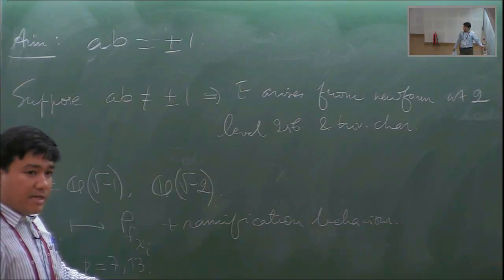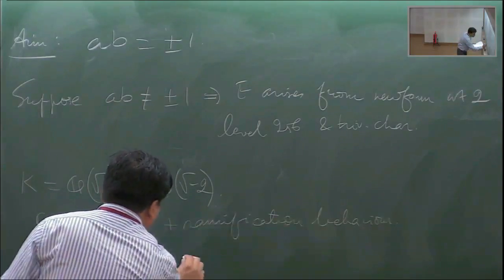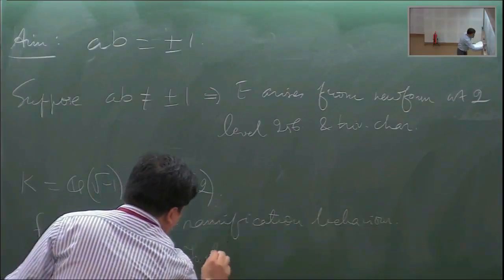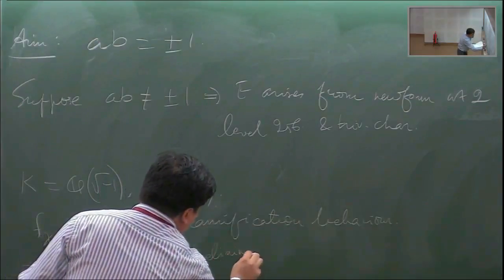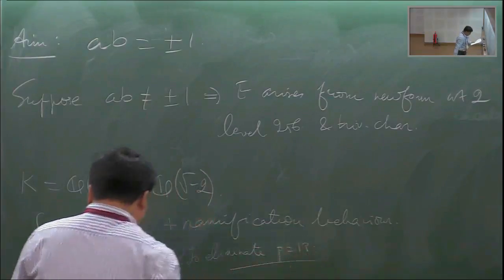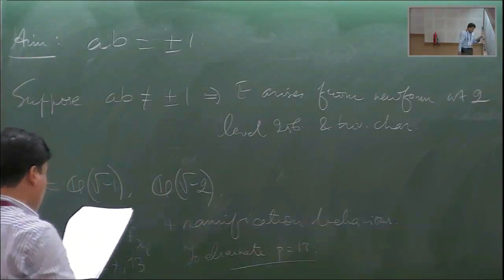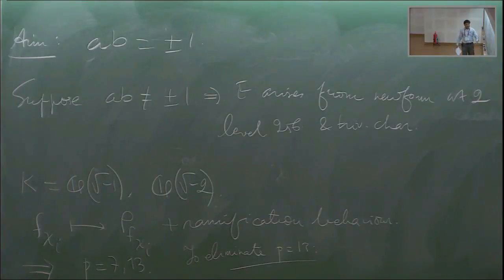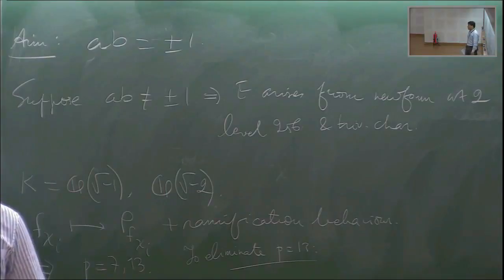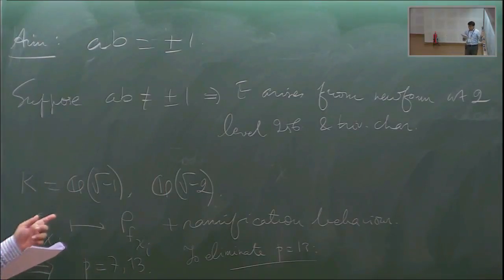To eliminate the case p equals 13, you have to look at all possible elliptic curves of conductor 26, and then you have two elliptic curves.